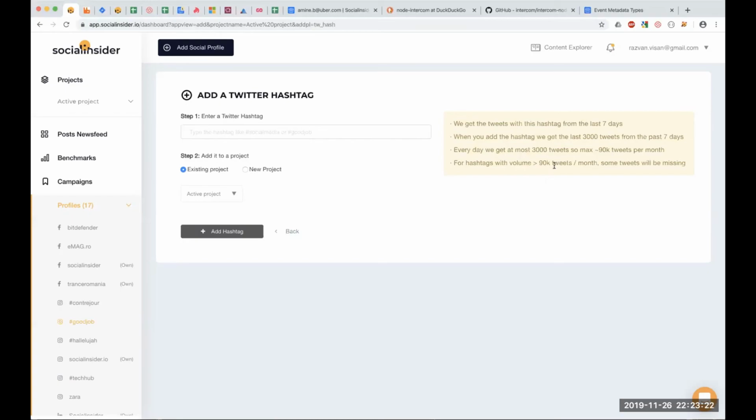We did scan last month a hashtag that went viral to number 1, and we managed to get the data. Yep, I think that's pretty much all that I can say about the history data limitations that we have.